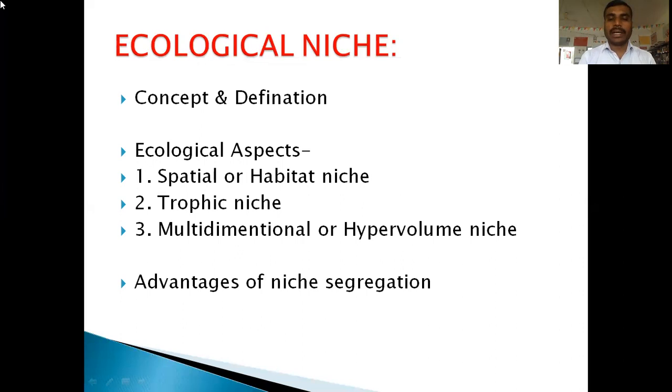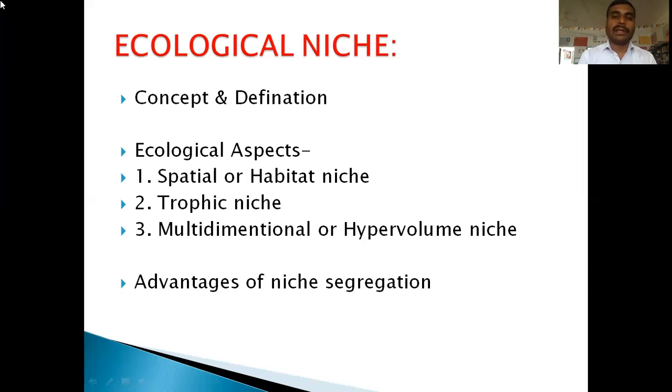What is their niche? Their position in the community or that biotic environment. What is position? Look here, giraffe and deer are herbivorous organisms. They feed on grass present in that area, and therefore their trophic niche is different as compared to the lion.